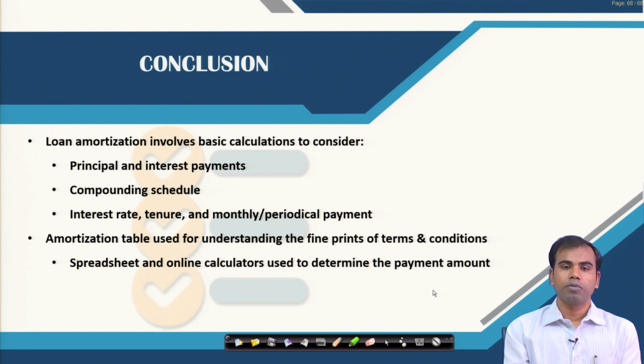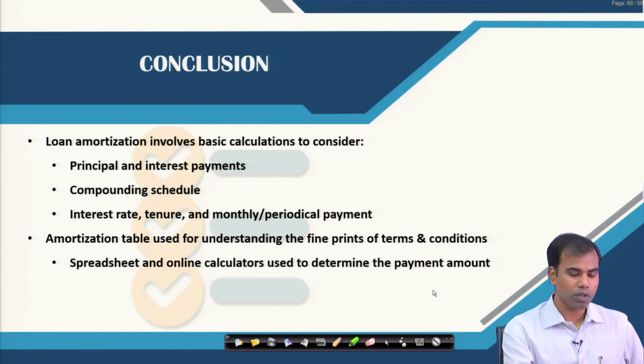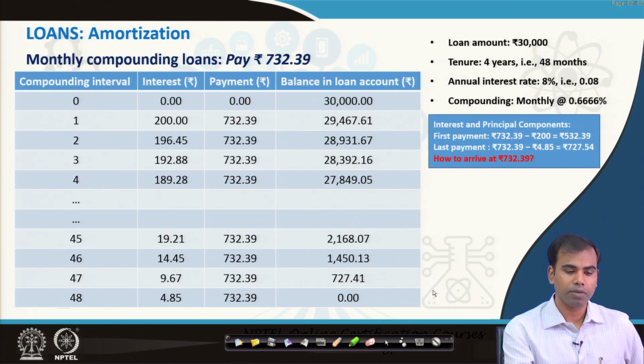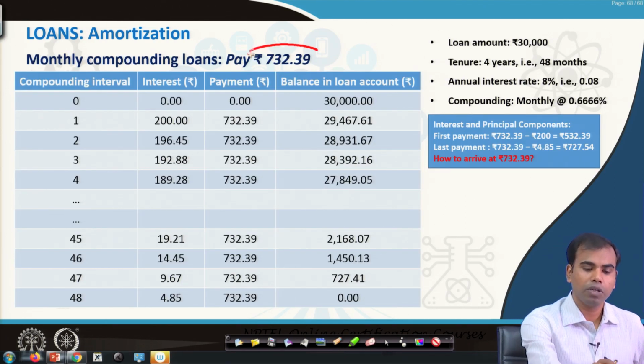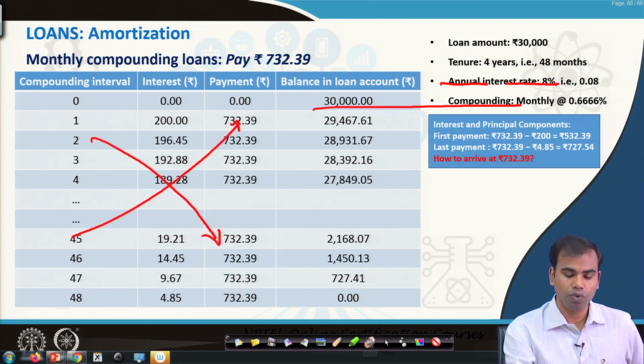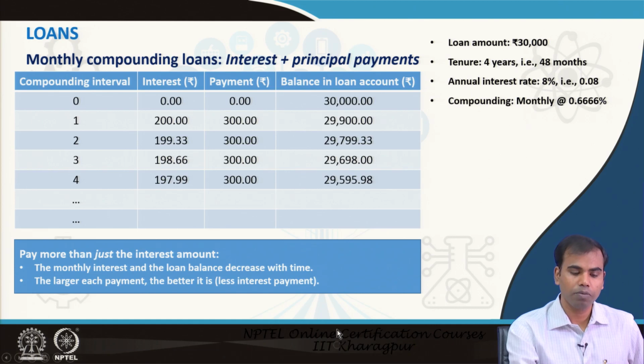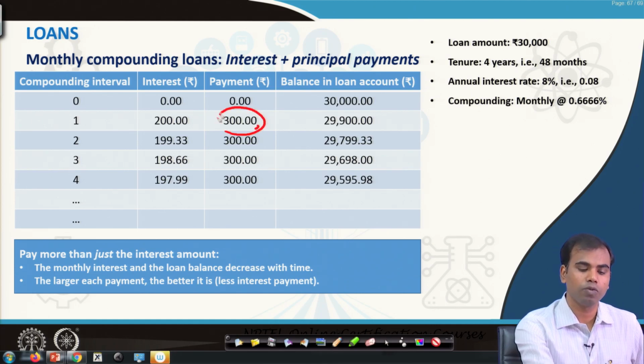One example that has been discussed here shows that there is always a predetermined number or value of payment that has been discussed here. For example, if you try to see these three examples, so here the amount of money was 732 rupees 39 paisa. If you try to see previous examples, here the amount of money that was going was 300 rupees.